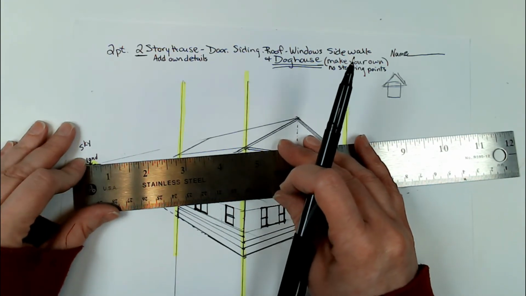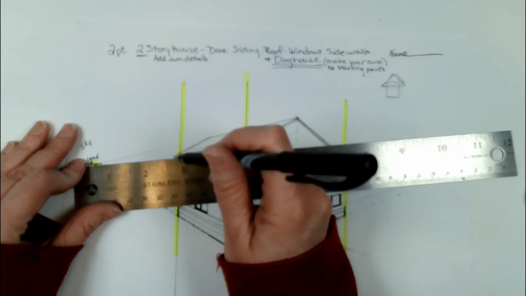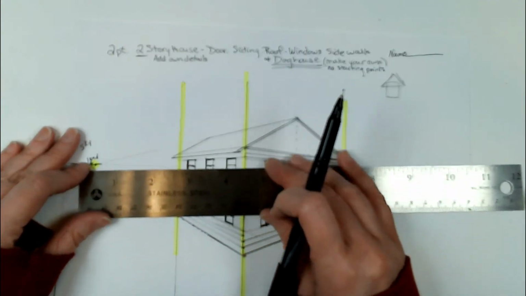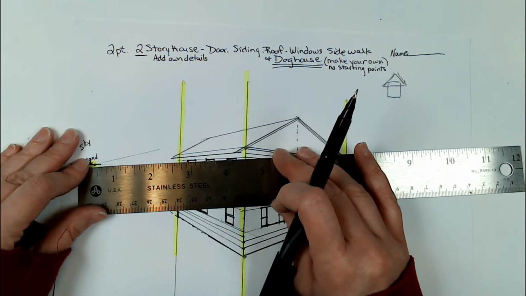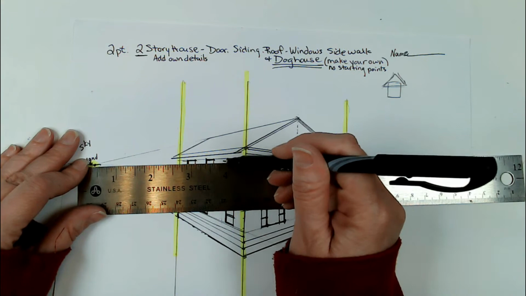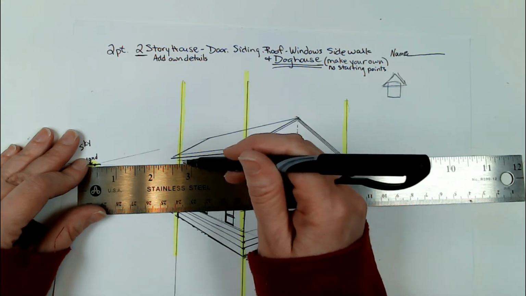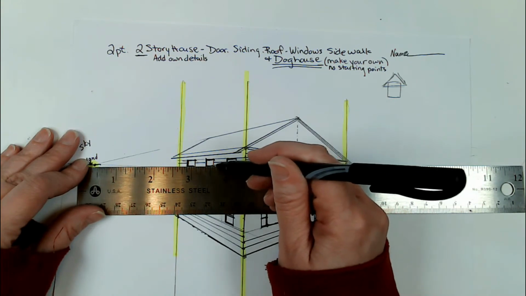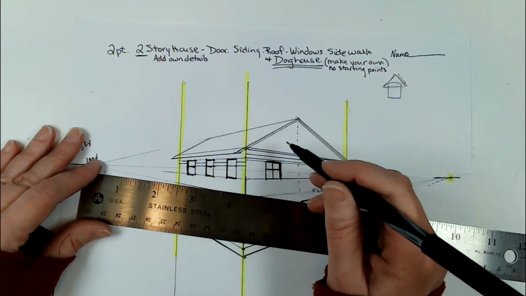Here, I need to draw in the rest of my roof apparently. And then I'd have in siding there. Skip some of my windows. You know, and it would just keep going.